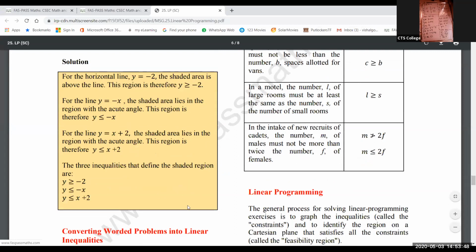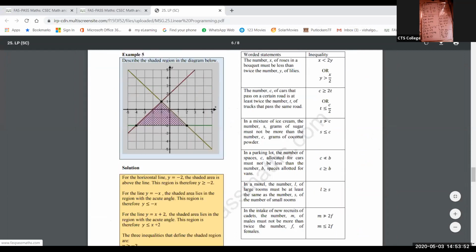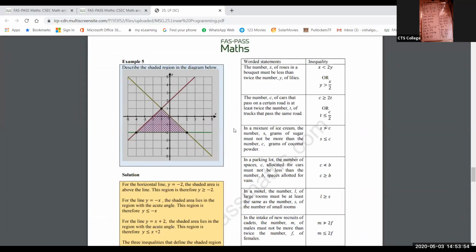Right? Let's see y is equal to -x here. You all can see it there, right? This line here passes through the origin. This is the line y is equal to negative x.